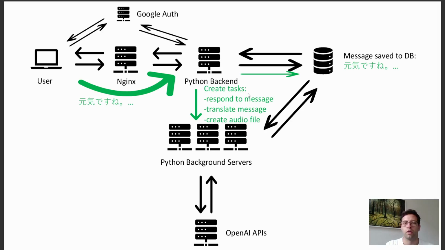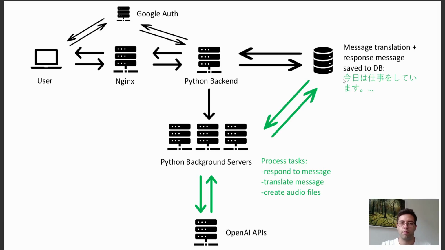They are respond to message, translate message, and create audio file. There's lots of other tasks. There's a few more put on the queue, but I didn't list them up here. So those tasks are put on the background queue, and the message that the user has sent is saved to the database.